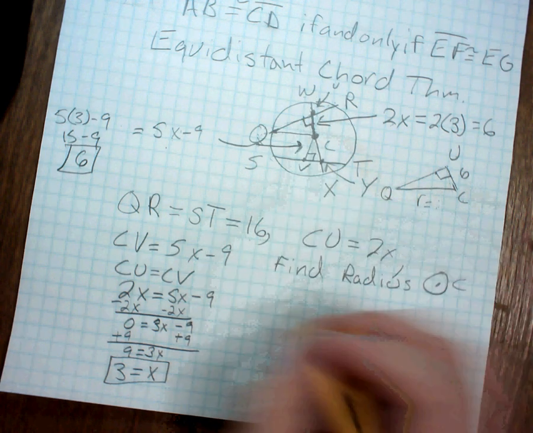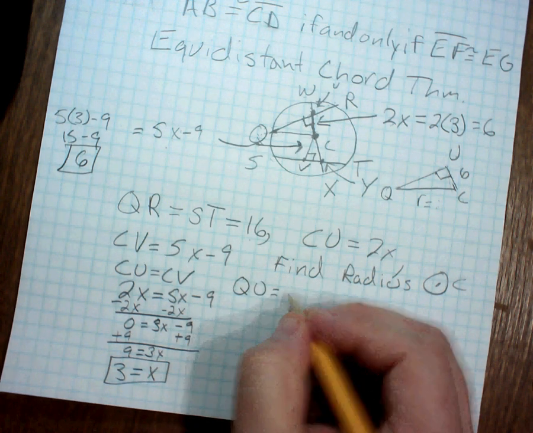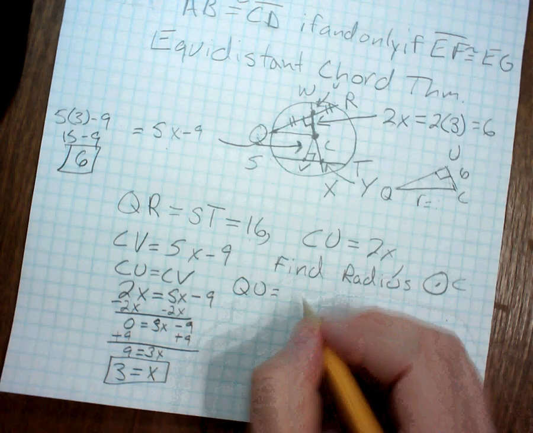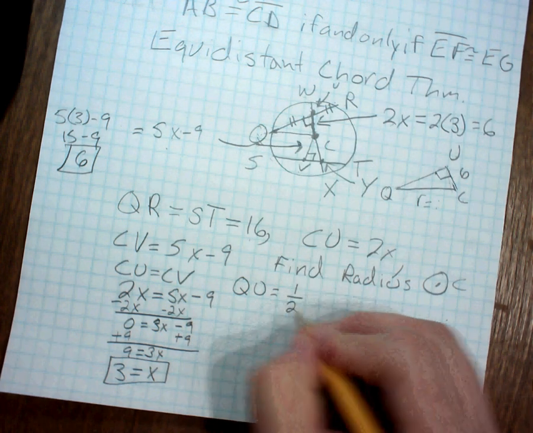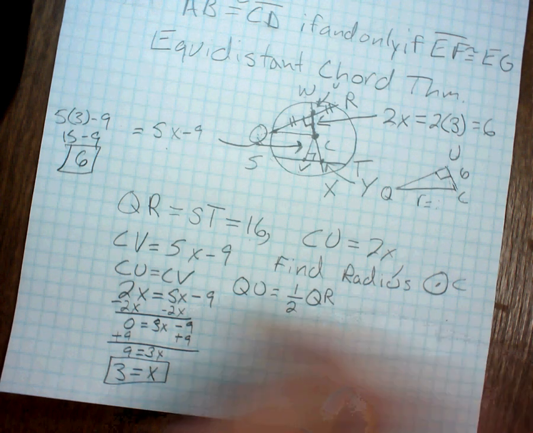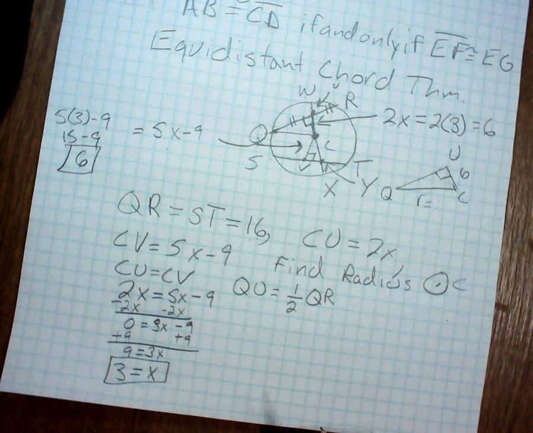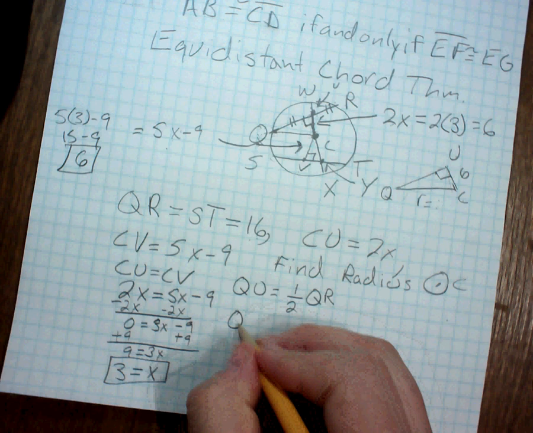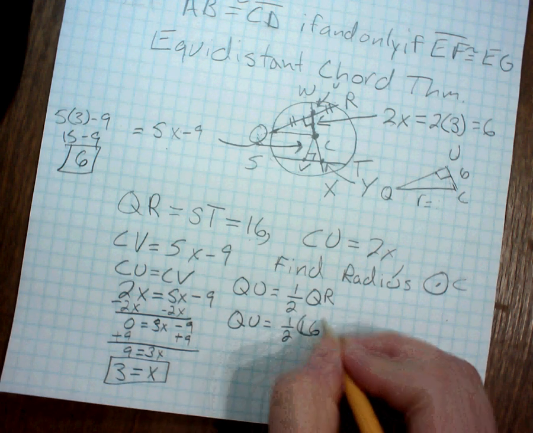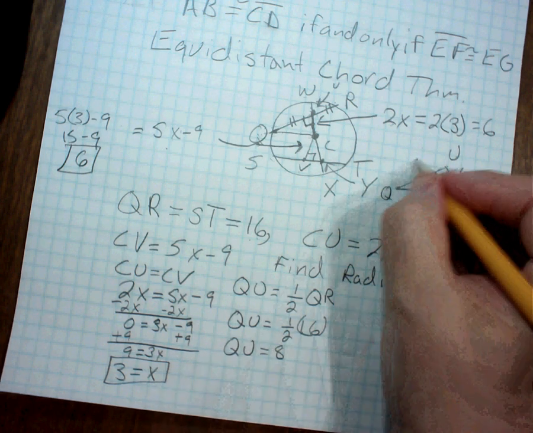So that means that QU is equal to 1/2 times QR. We're told here that QR is equal to 16, that was given to us. So QU is equal to 1/2 of 16, so QU equals 8. So I've got an 8 here.